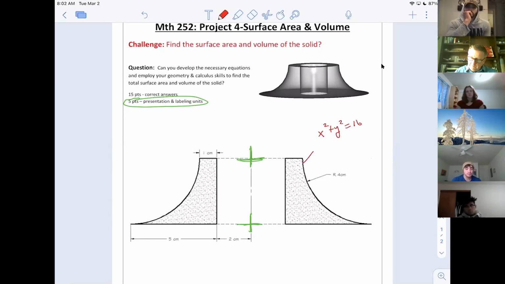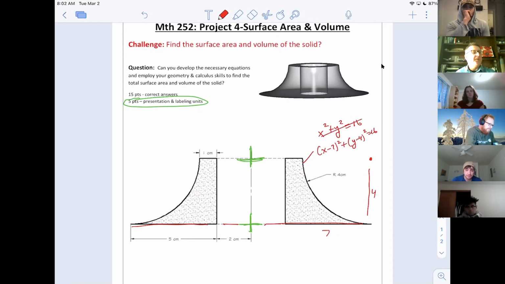But since the center point of this circle is over here, that ends up, because this is a distance of 4, since the radius of the circle is 4, and you're told this distance is 5 and this distance is 2, then that's a distance of 7. So in the end, your circle has got to slide right 7 and slide up 4. So that's really the equation for your circle.